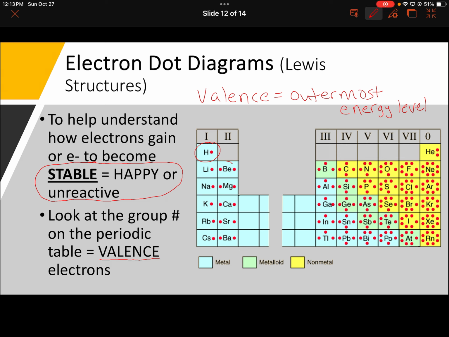And then I look at beryllium. Beryllium has 2 dots. Well, beryllium has 2 valence electrons. And as we move across the table, we see that the number of valence electrons increases by 1 each time. And so down here, group 1 has 1 valence electron. Group 2 has 2. Group 3 has 3, 4, 5, 6, 7, and 8.